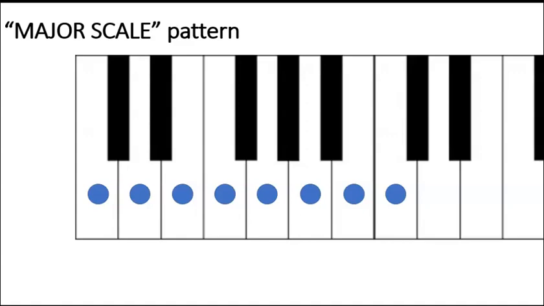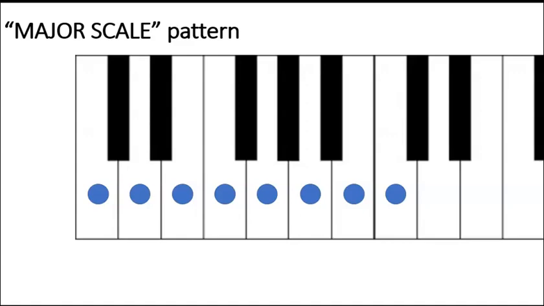Back down now. See if I go faster. Pretty good. Do, re, mi, fa, sol, ti, do. That's called the major scale pattern.